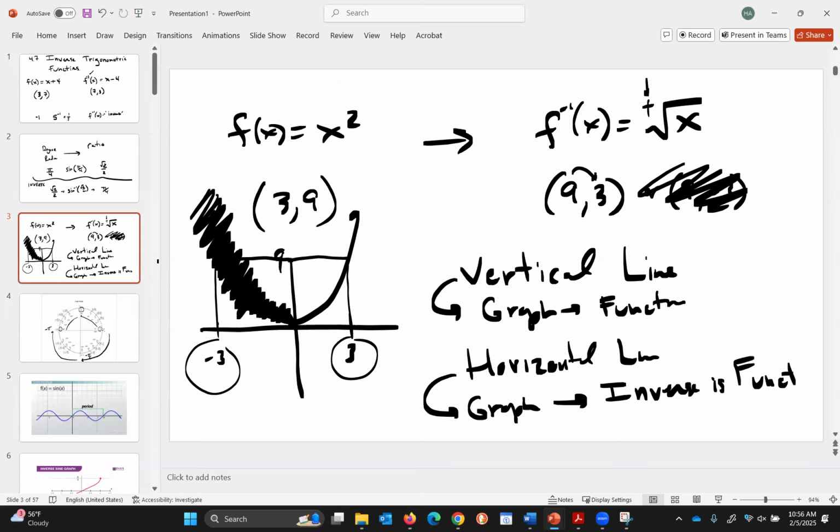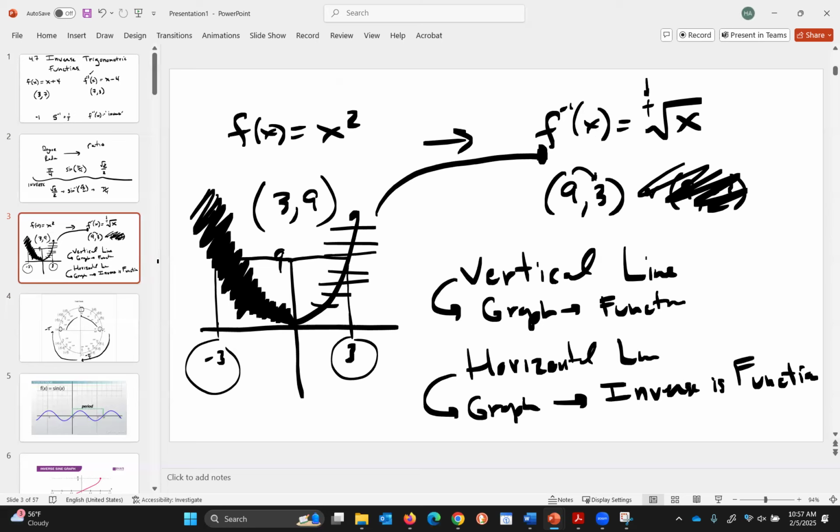That's probably the next concept to sort of understand. When I look at this and I pass a horizontal line test right here, I'm not saying that much about this graph. What I'm saying is the graph over here will be a function, and we need functions. Otherwise, things go crazy.